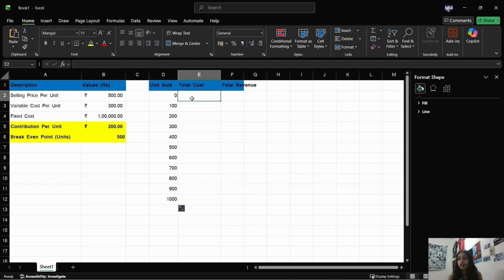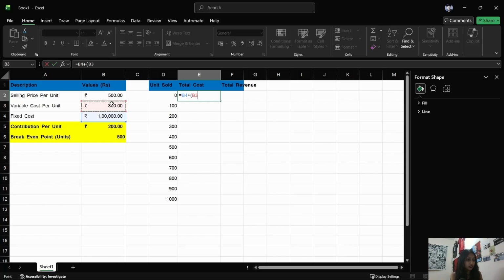Now we have to calculate the total cost. That equals fixed cost plus variable cost into units sold.